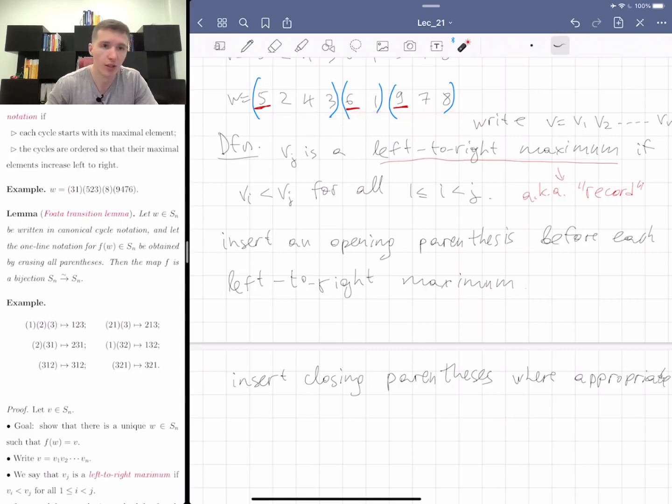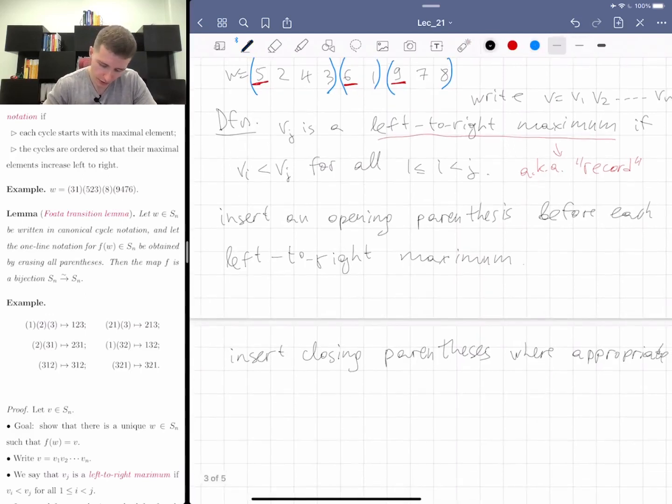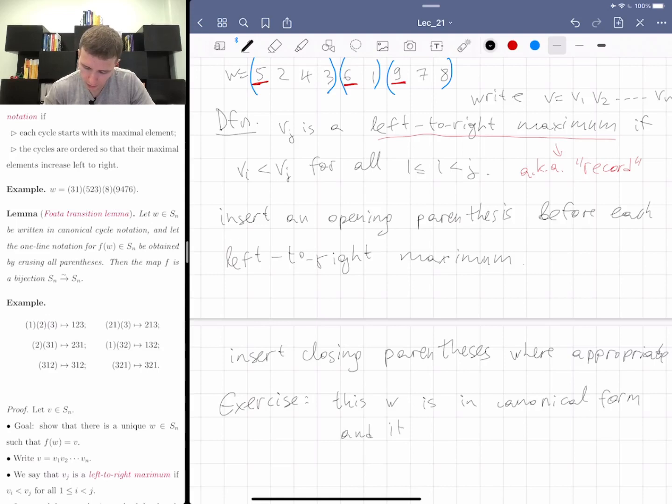So I'm almost out of time. Exercise: this W is in canonical form, and it is unique.